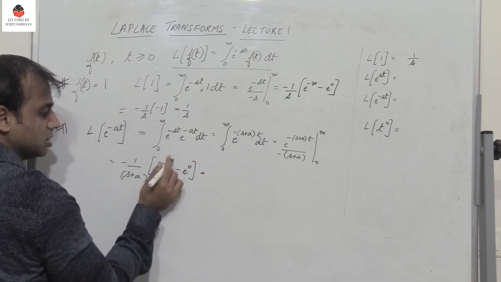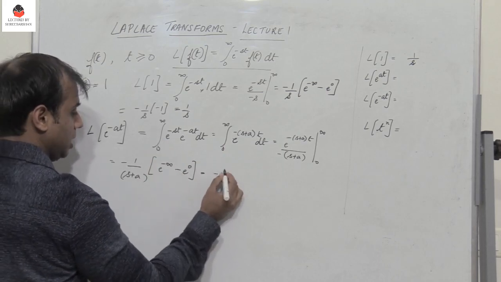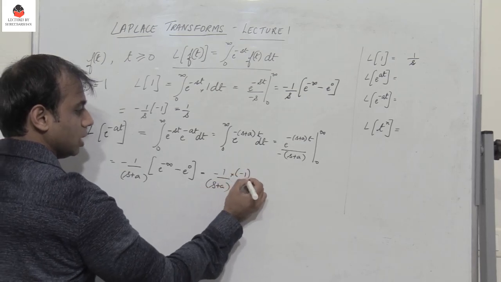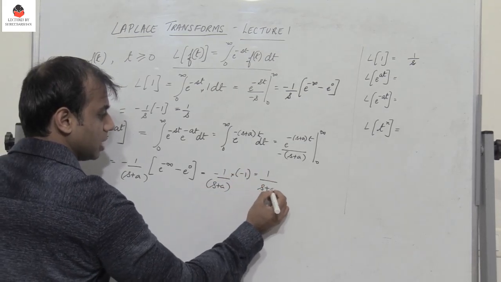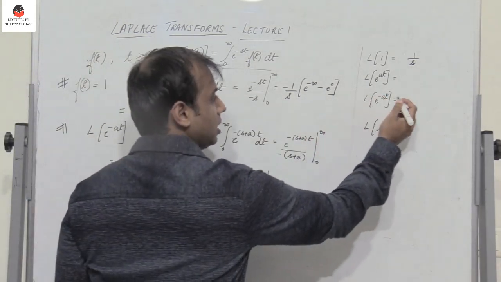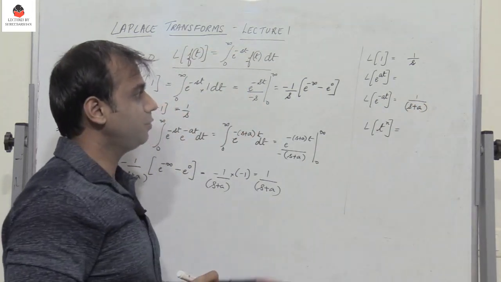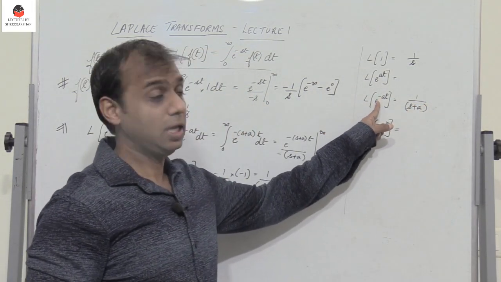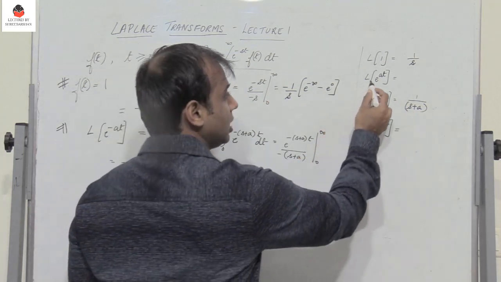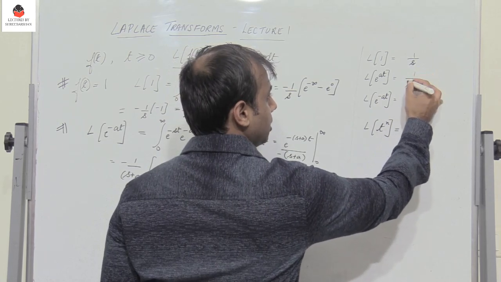So e power minus infinity is 0, e power 0 is 1, so you get minus 1 by s plus a into minus 1, which is equal to 1 by s plus a. So therefore, Laplace transform of e power minus at is 1 by s plus a. So remember, if a is negative, then this becomes positive. So similarly, what is Laplace transform of e power at? It is 1 by s minus a.